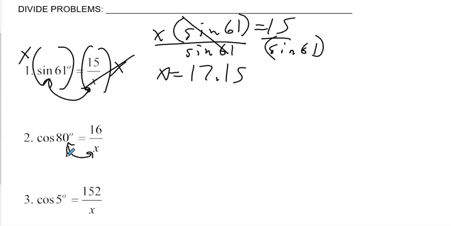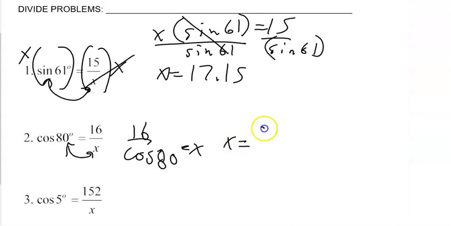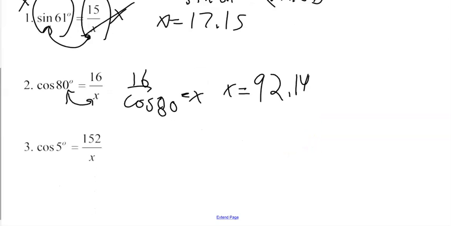16 divided by cosine of 80. That's all you have to do. 16 divided by cosine of 80. 92.14. Switch places.